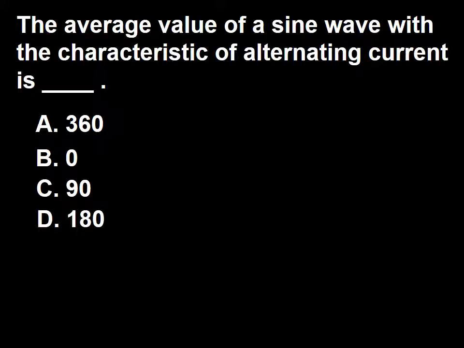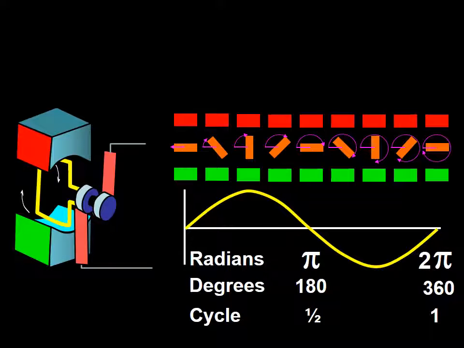Next question. The average value of a sine wave with the characteristic of alternating current is A 360, B 0, C 90, D 180. I have introduced this figure before.